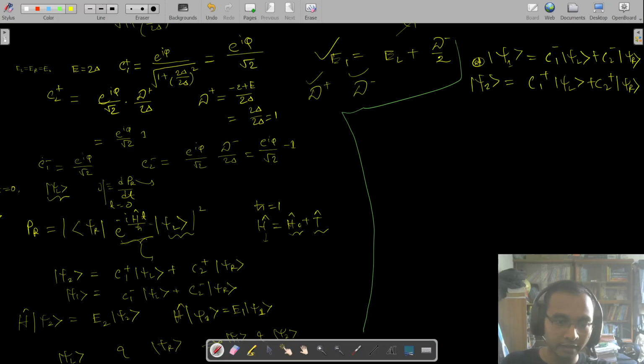And we have found out values of C1, all the Cis. Right?